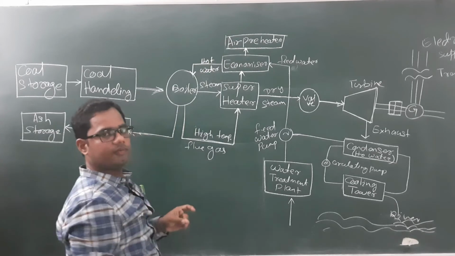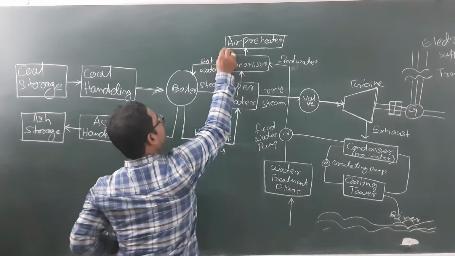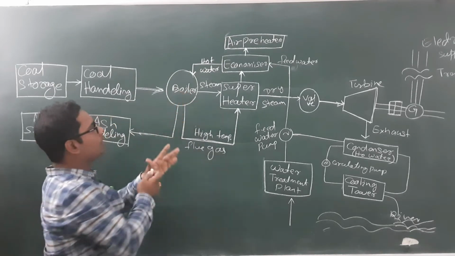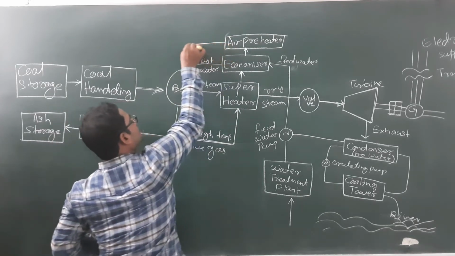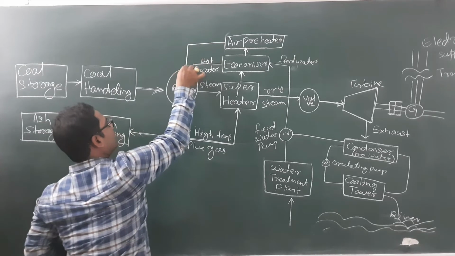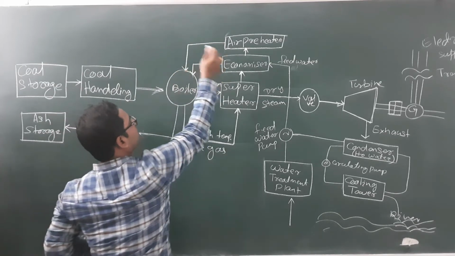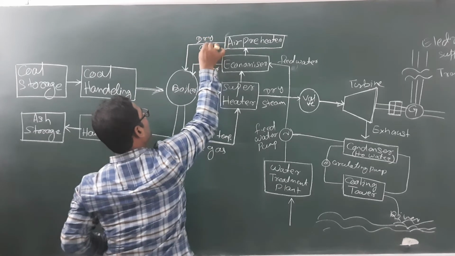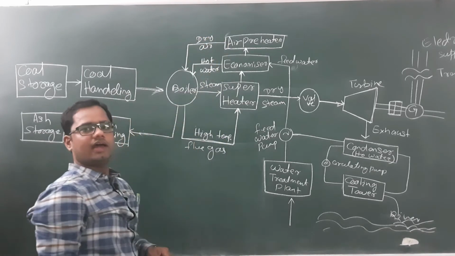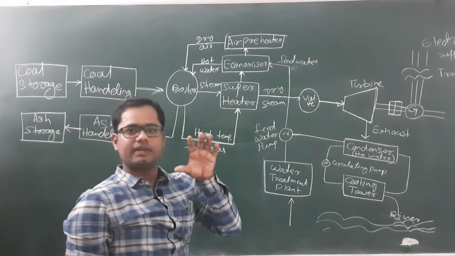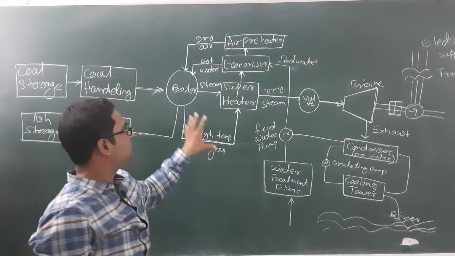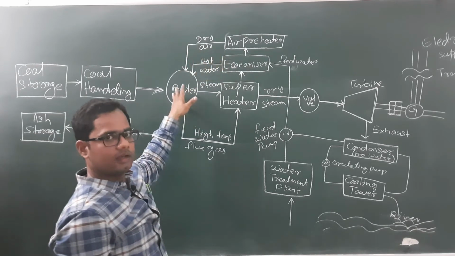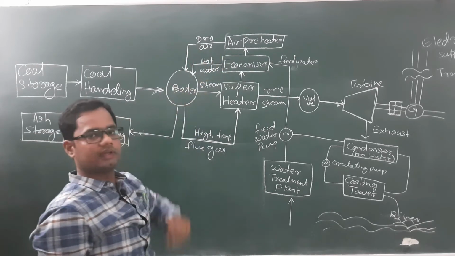Because for burning your coal, for boiler operation, water and air are required. Your water will come to the boiler as hot water, and the air will be dry air, because wet air will decrease the efficiency of your furnace and your boiler. When you put in dry air, the efficiency of the boiler also increases.